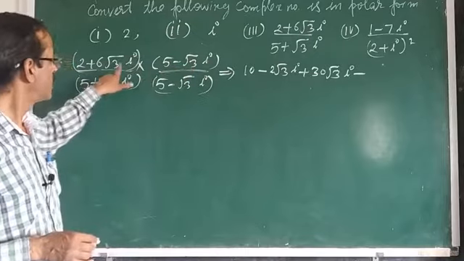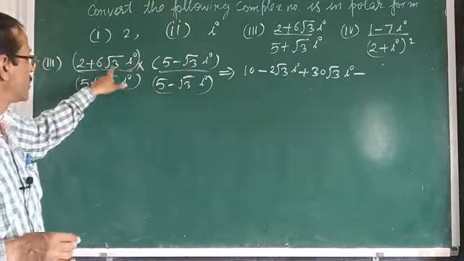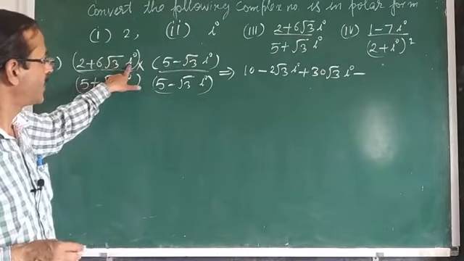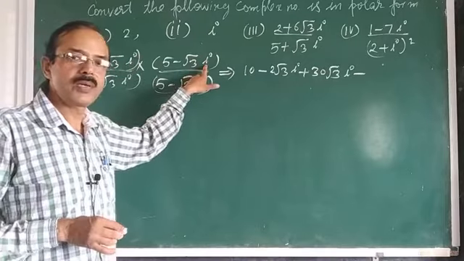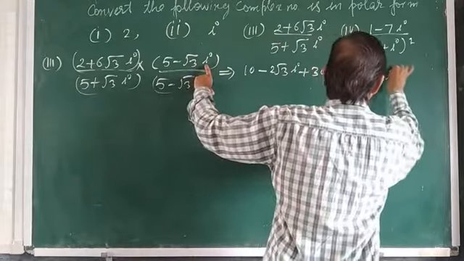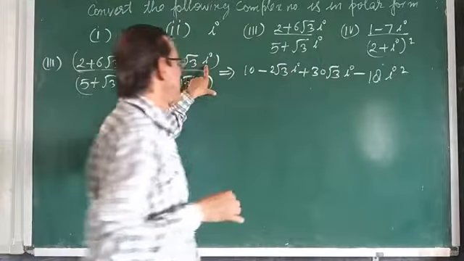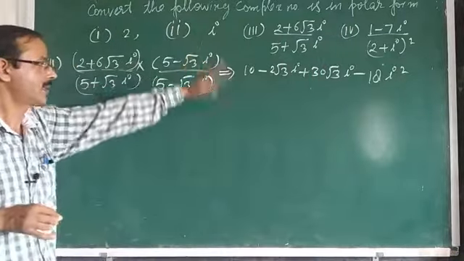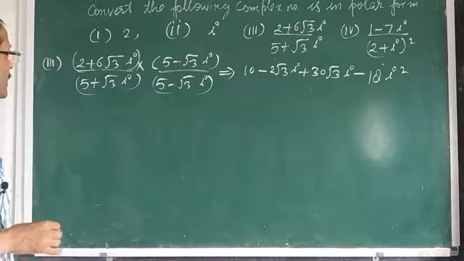Root 3 into root 3, what will be 3? So 6 threes are 18, and iota into iota will be iota square. So here we can write 18 iota square, right? I hope that multiplication is correct.